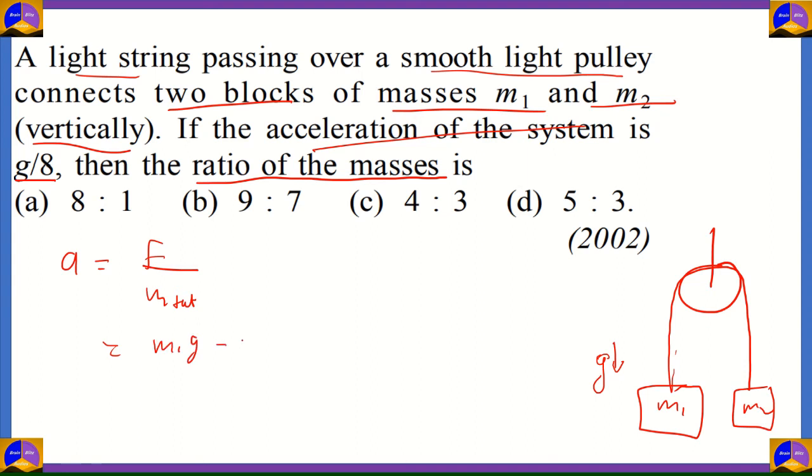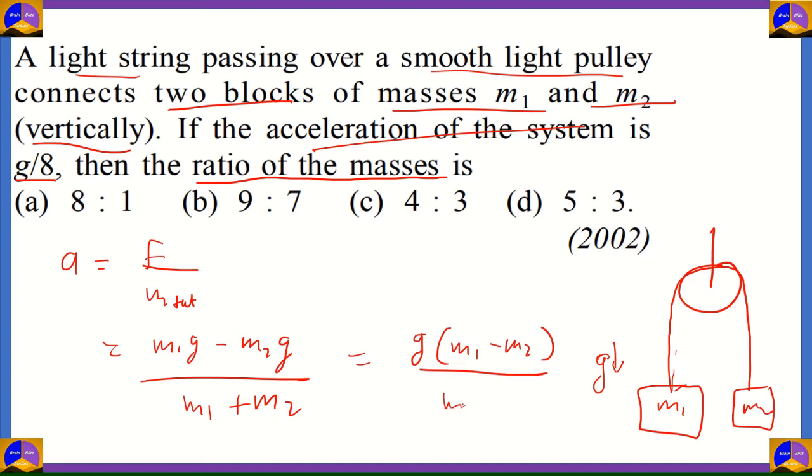So m1g minus m2g in the numerator represents force. The denominator is total mass, which is m1 plus m2. So therefore, you can write this as g times m1 minus m2 divided by m1 plus m2. So the value of acceleration is this formula.